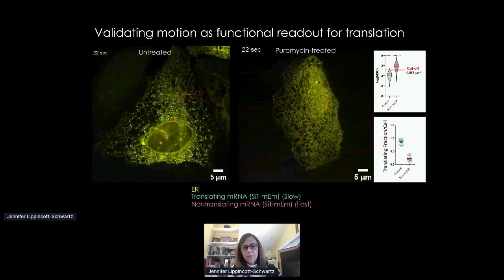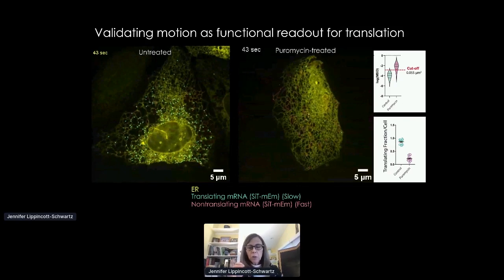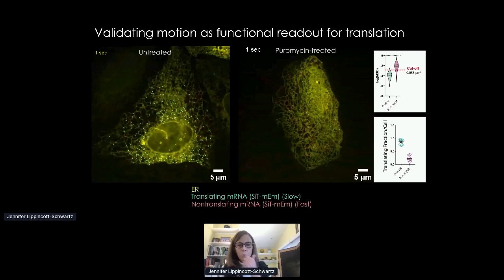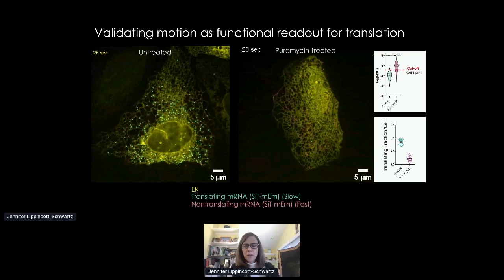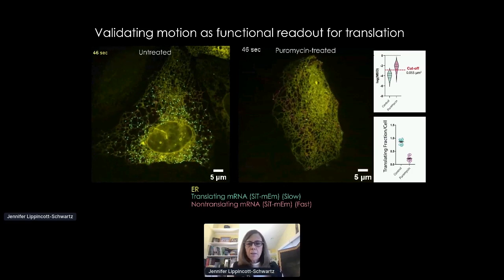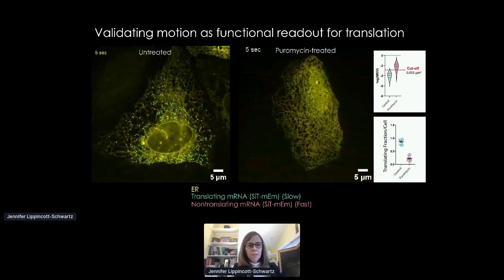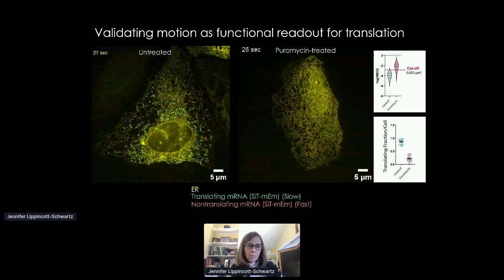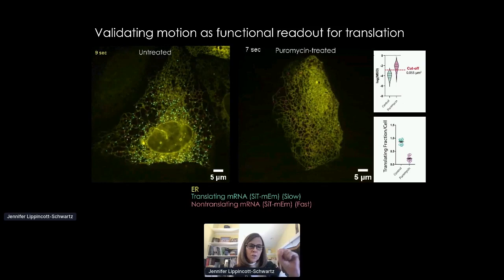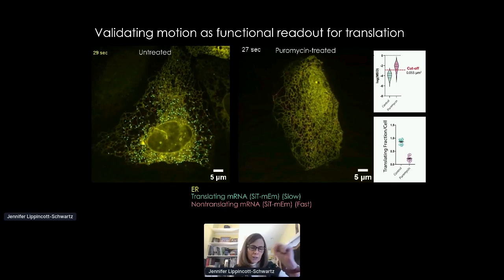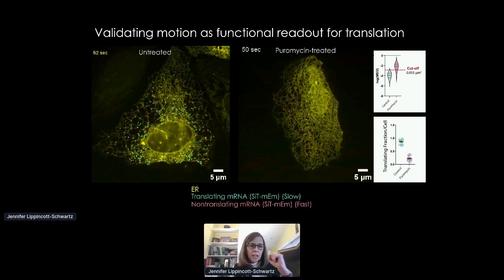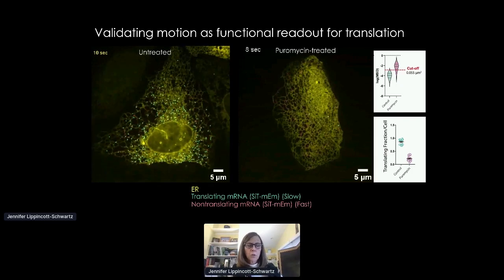And we could validate this conclusion using puromycin, which stops mRNA translation. In untreated cells, you can see by color coding that there's a large number of mRNAs undergoing a very tiny oscillatory, immobile type of motion on the surface of the ER.